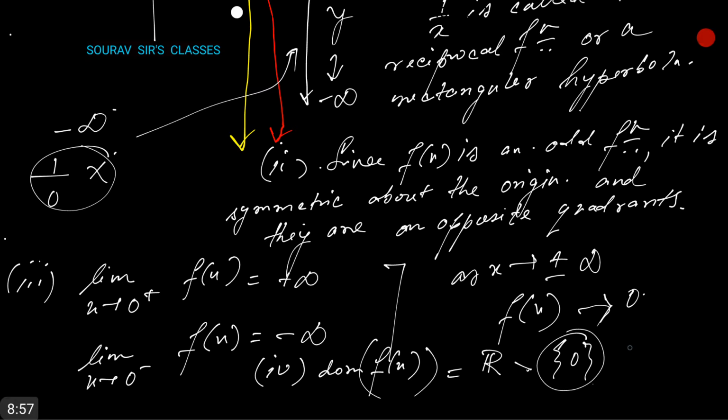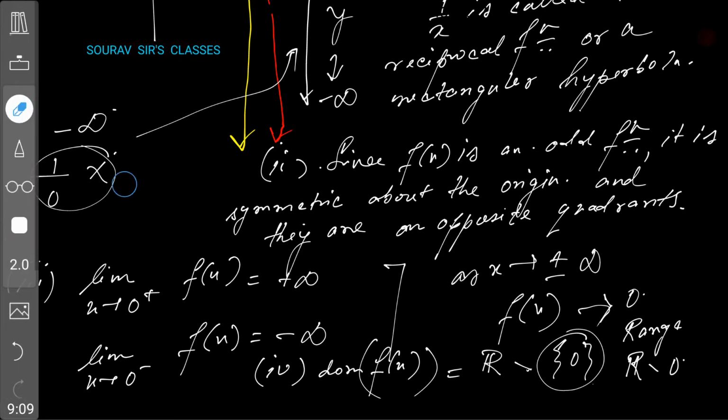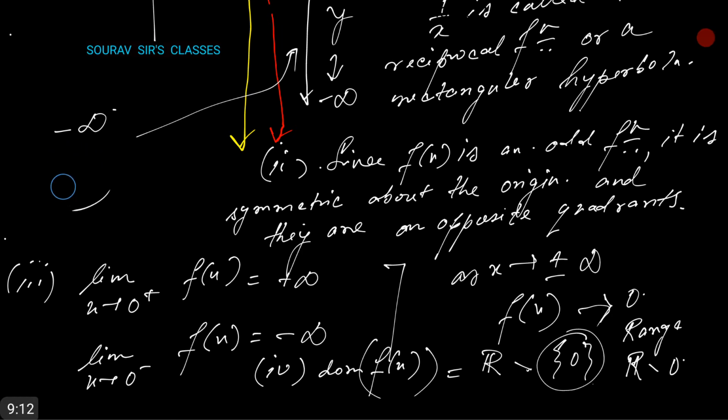And the range is R minus 0, since 1 is reduced to 0 only when x tends to infinity. Otherwise, no matter how big x is, it won't reduce 1 to 0 except at infinity, which is not a real number.